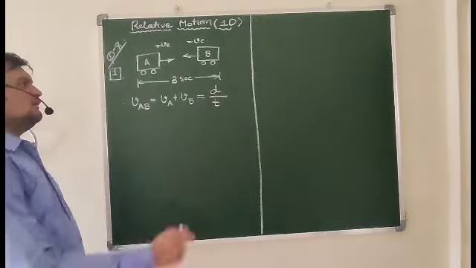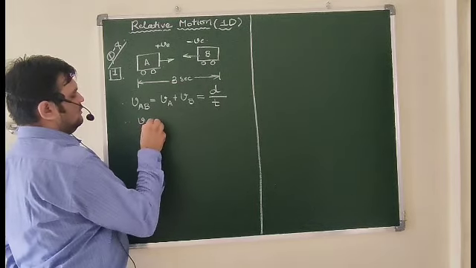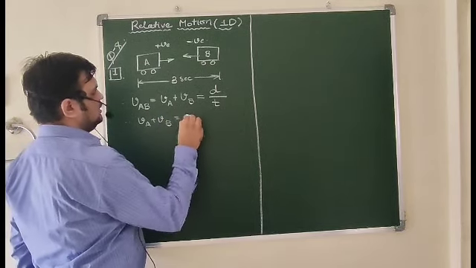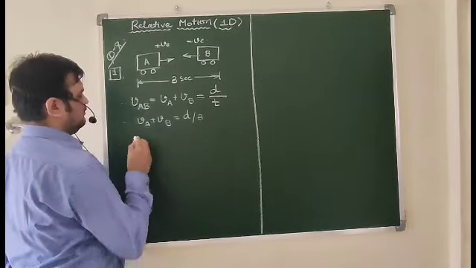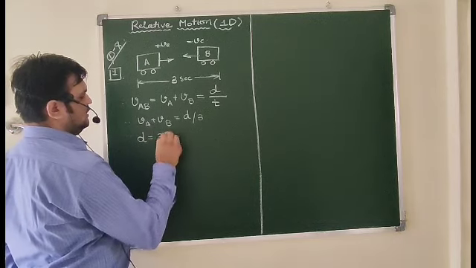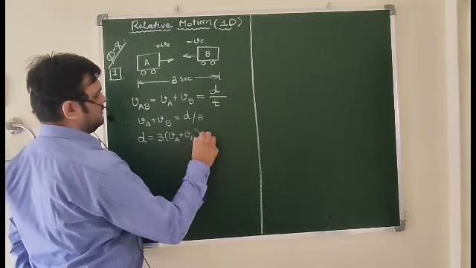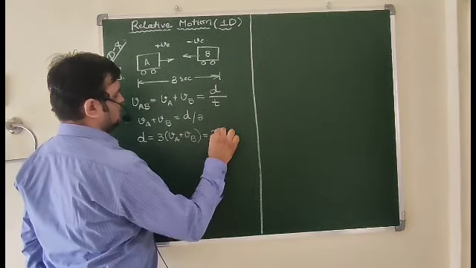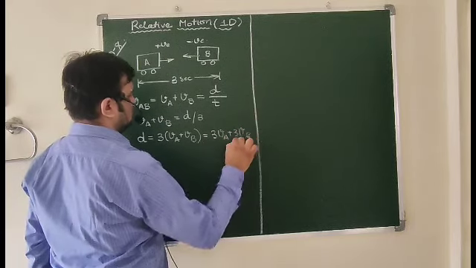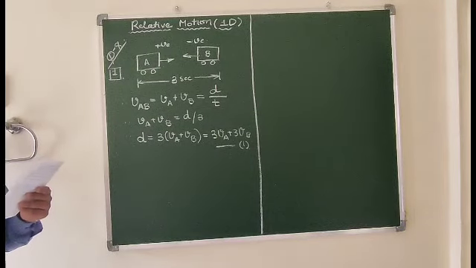So here the relative time is 3 seconds, so VA plus VB is D divided by 3. So D is equal to 3 into (VA plus VB). So it becomes 3VA plus 3VB, equation number 1.